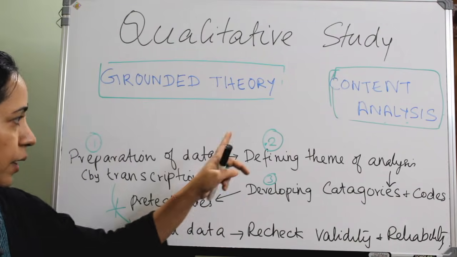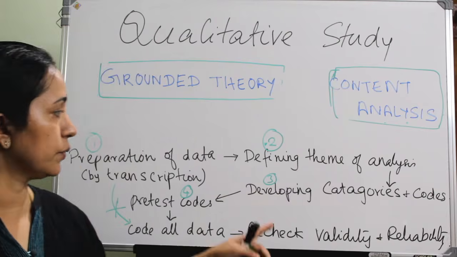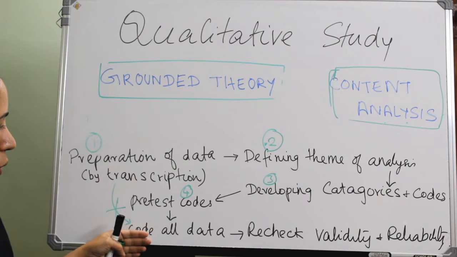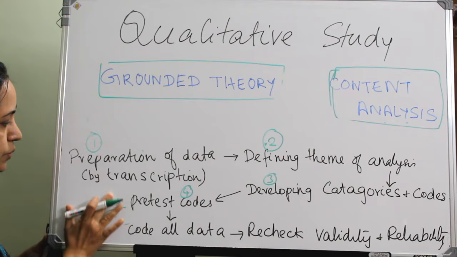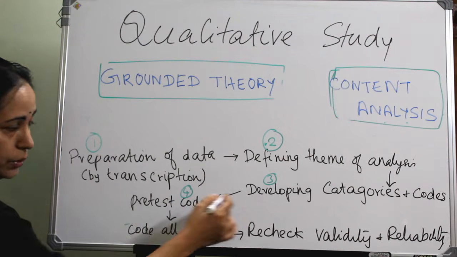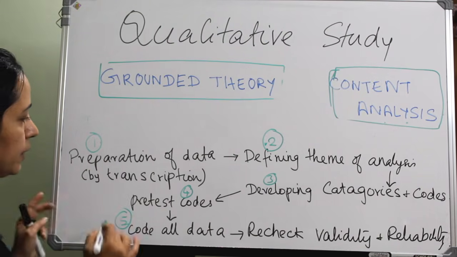After defining the theme of analysis, which comes from extensive literature review, go for developing categories and codes, pre-test the codes, and then code all data. There is no direct step. It has to come through this way only, and then code all data.